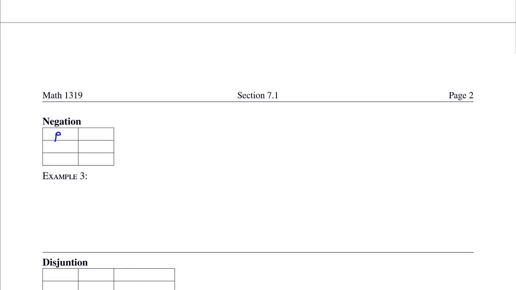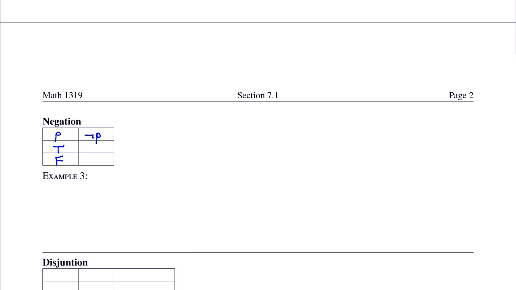We'll use a capital T for true and a capital F for false. What I'm doing here is loading up the table. This is called a truth table. We start with proposition P, and we acknowledge that P is either true or false. The negation of P is the opposite of the truth value of P itself.